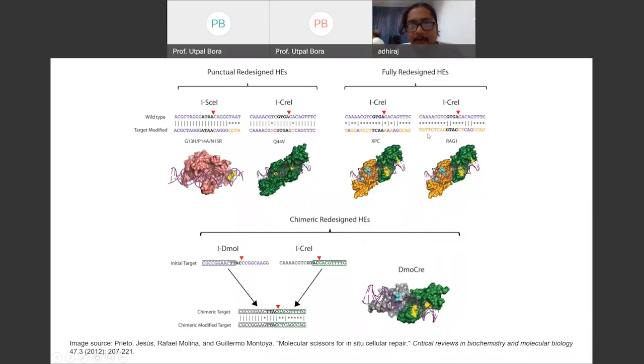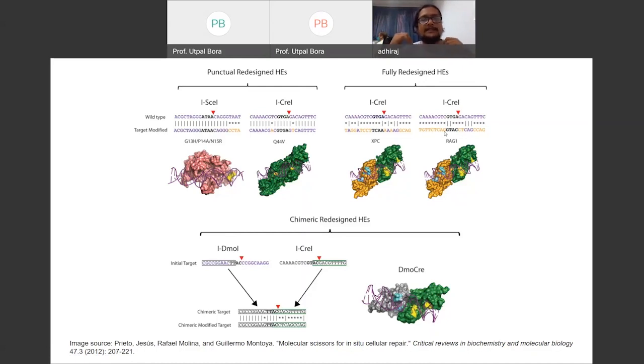These are the newly added sequences that the nuclease enzyme is now able to target. In wild type CRE1, they can only target CAAACGTC, right? But after engineering, now they can target TGTTCTCAG. So they are changing some of the amino acid residues so that the nuclease enzyme goes and binds to new targets. That's the whole point of the engineering part, right?